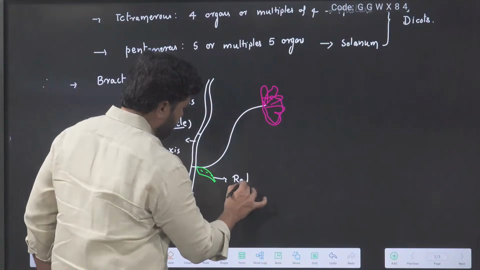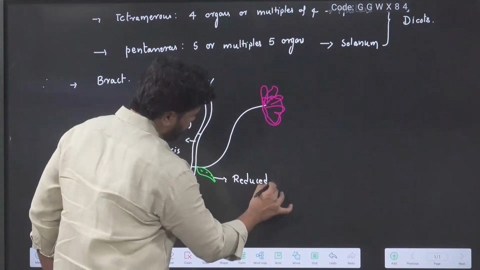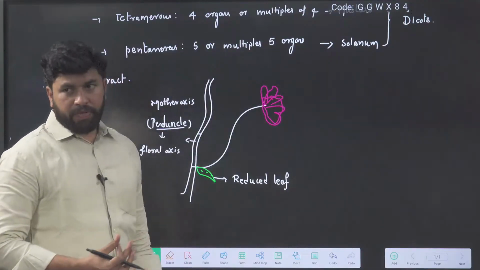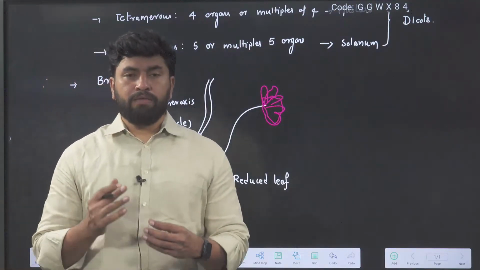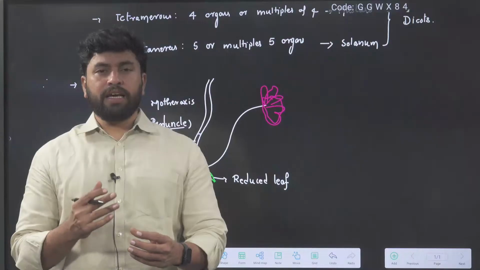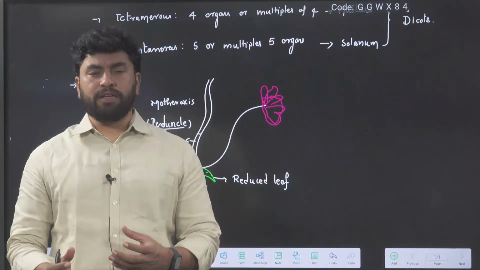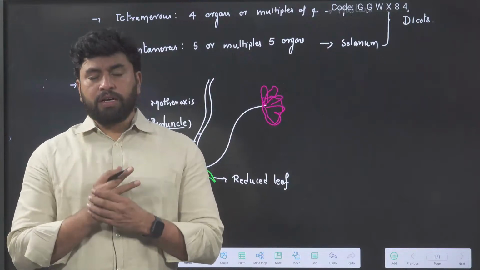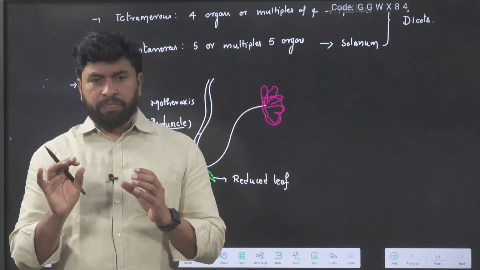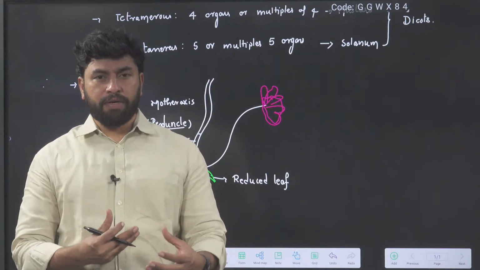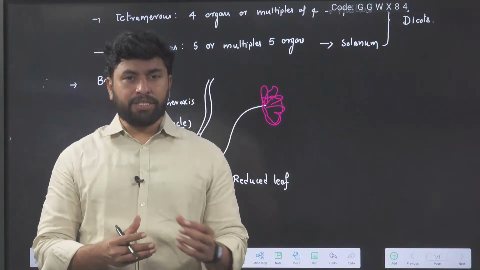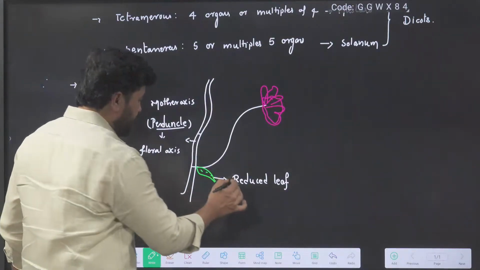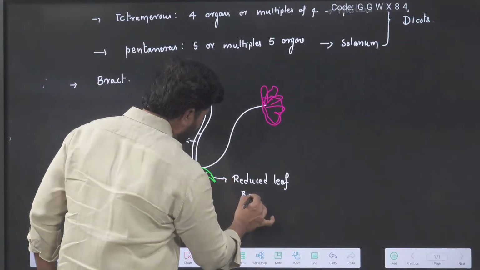Why do you call it a reduced leaf? Actually, it is not meant for photosynthesis. It is a kind of rudimentary body, that means an underdeveloped body. And at the same time, the reduced leaf may help the flower when it is in bud condition, for the sake of protection. Anyhow, bract is nothing but a reduced leaf.